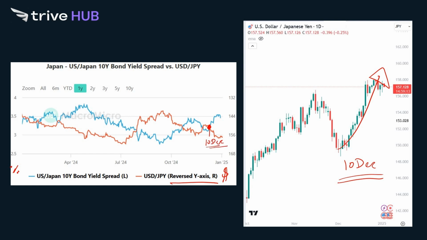So you can see in both of these charts, they show a direct relationship between bond yields and currency valuation. If you summarize both charts, the movement in the yield spread can reflect market sentiment and economic outlook for the US and Japan markets. Changes in central bank policies, inflation expectations and economic growth influence these spreads. So that is why you need to keep track of those events very closely.